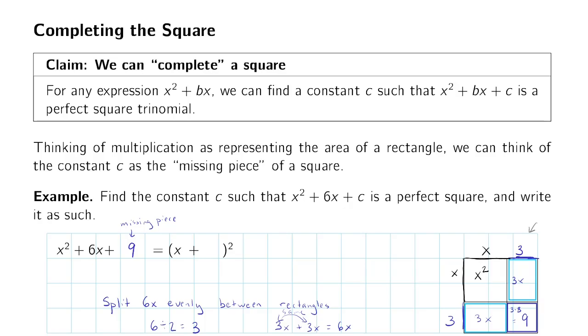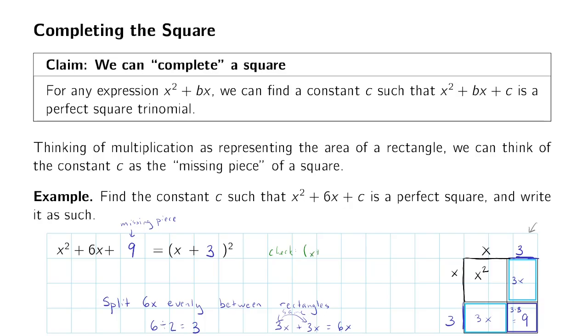And the sides of my square are each x plus 3. So my square is x plus 3 by x plus 3. And when I multiply that out, I get x squared plus 6x plus 9. And I can check that that works.